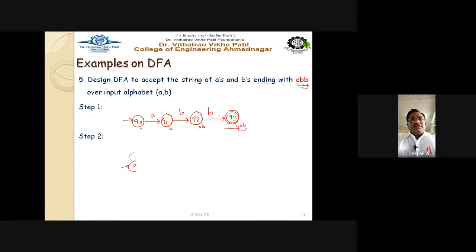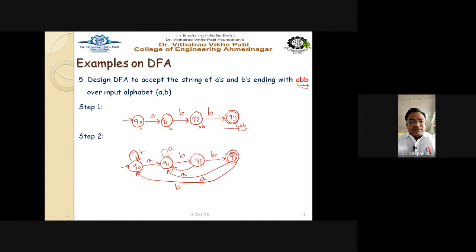So in step number 2 we draw like this. Q0 on B, you can make a self loop. While drawing the remaining input transitions, as already discussed, we must not disturb the ABB sequence. So Q0 on B definitely goes to itself.